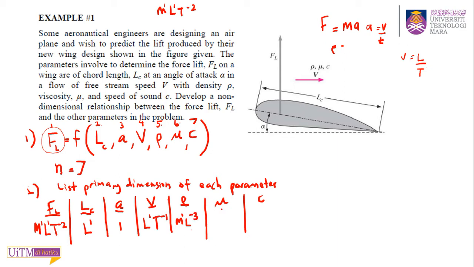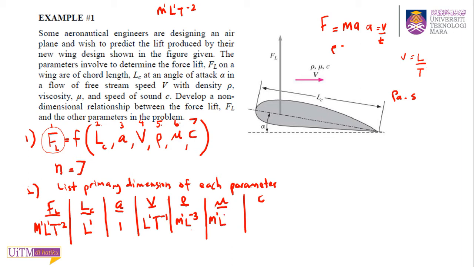How about mu? Okay, ini susah sikit lah, the viscosity. What is the primary dimension for viscosity? Viscosity is Pascal times second, kan? M1, okay.